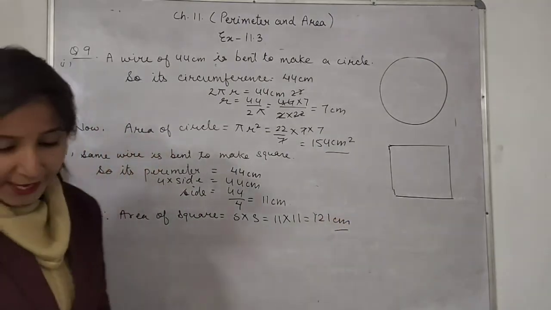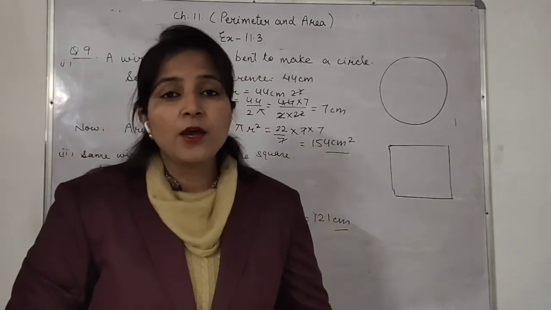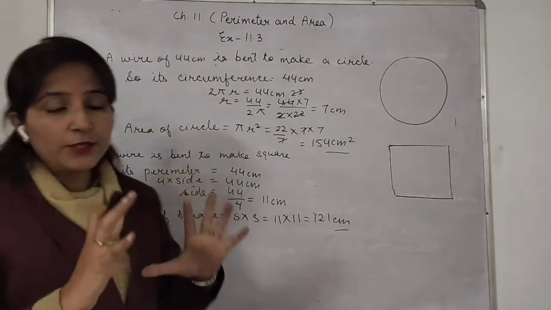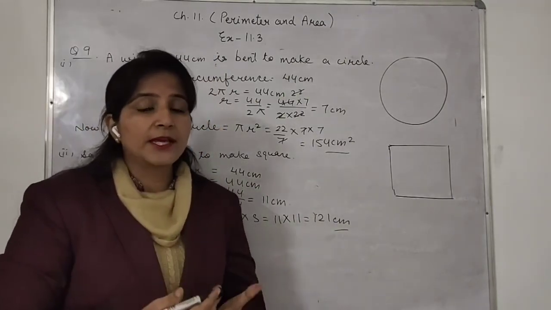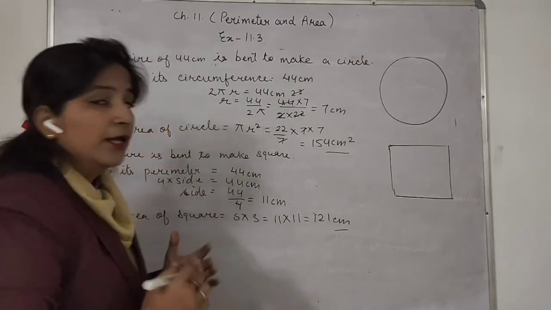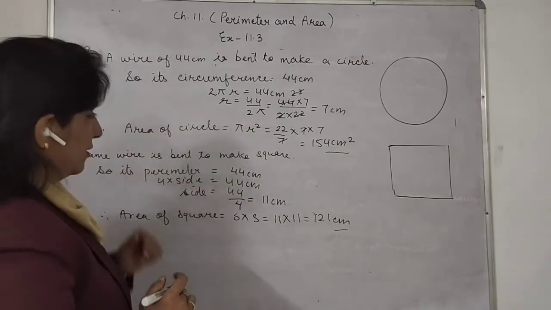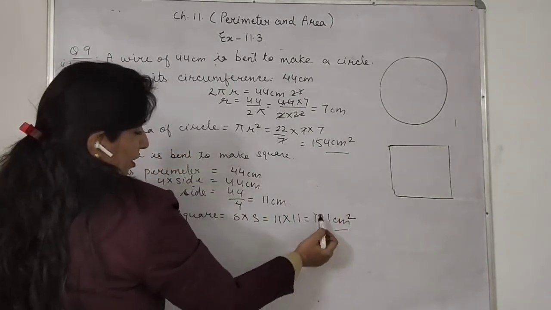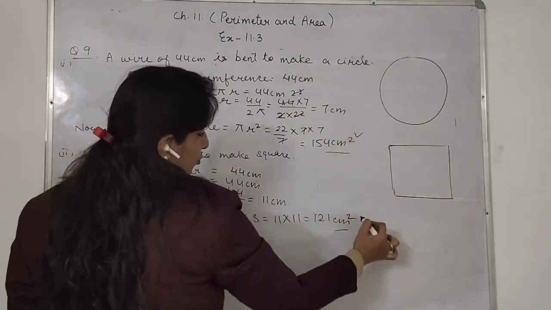Fine. What are they saying next? They are asking which one has the more area, because they have used the same wire, the square or the circle. So you can clearly see that this is centimeter square, and 154 is more than 121.